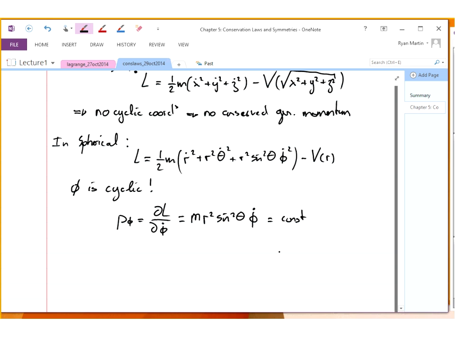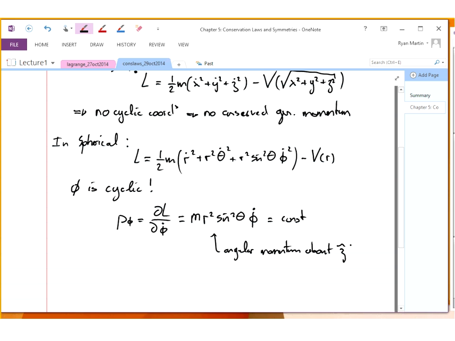So this p phi is the angular momentum about z. This is interesting when you think about it. The choice of coordinates leads to finding conserved quantities or not.